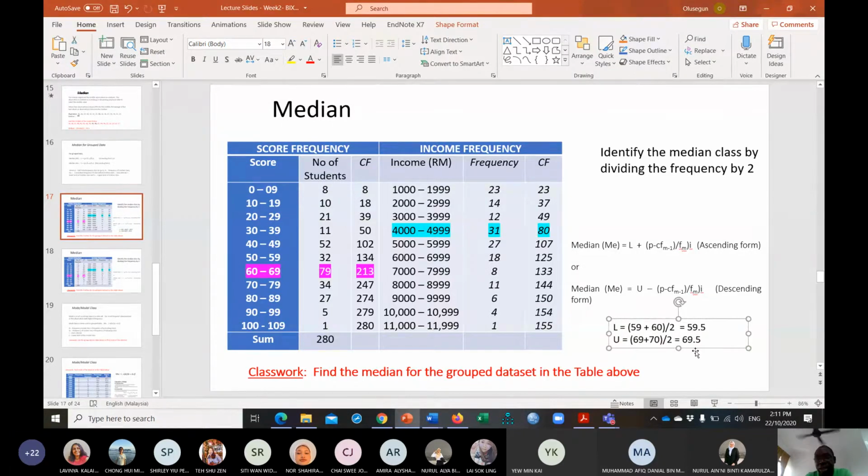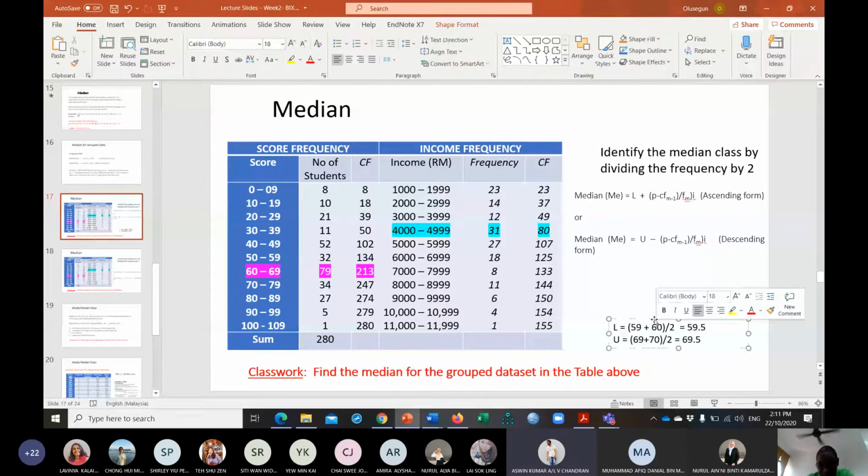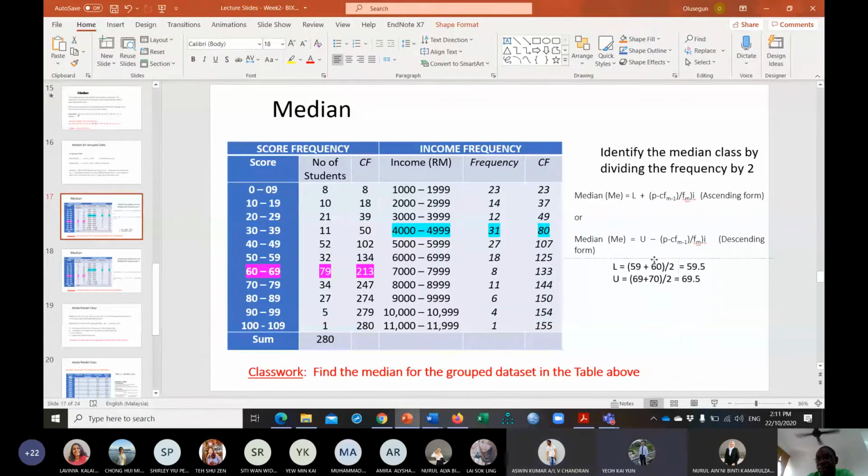I hope this is clear. Is this clear to every one of us? Yes, doctor. Can we call this lower boundary and upper boundary? Yes, lower boundary, upper boundary.